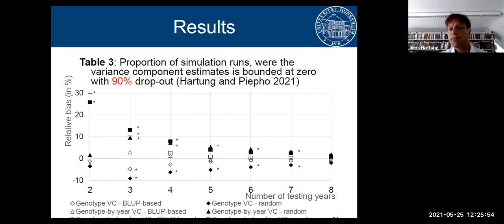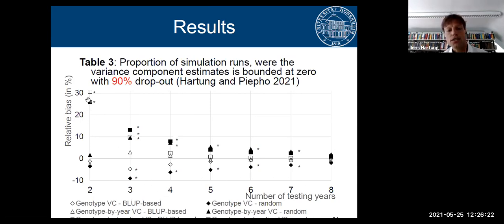If we look at what happens if we have more years, once again we look at 90% dropout, and what you can see here is a relative bias in percent. What we looked at before is the 25 and 30% of the bias for the genotype by location variance. And what you can see on the y-axis is the number of testing years.